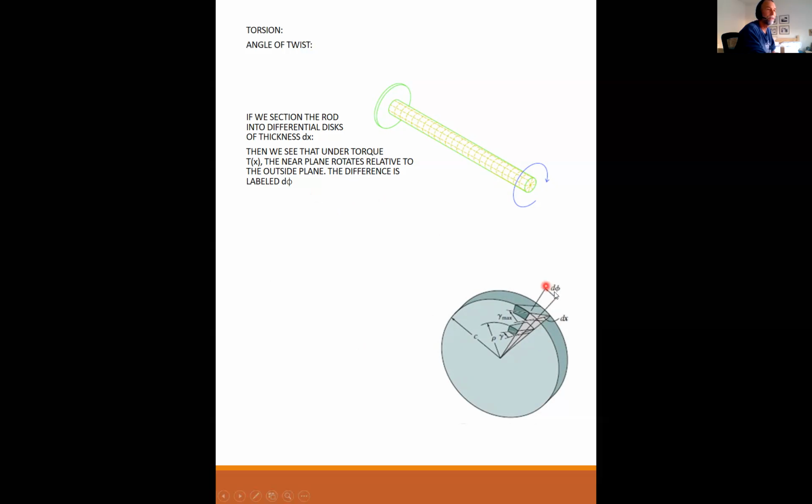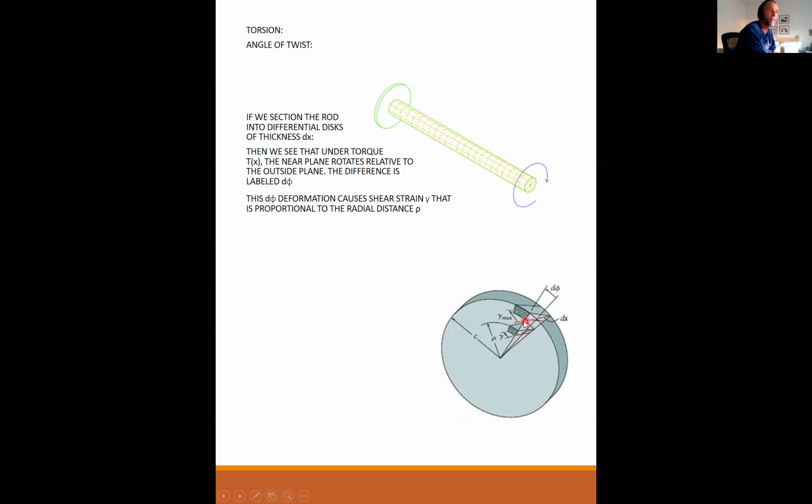And d theta is a measure of how much the inner circle has moved relative to the outside circle. This d phi deformation causes a shear strain, gamma, that is proportional to the radial distance, rho.